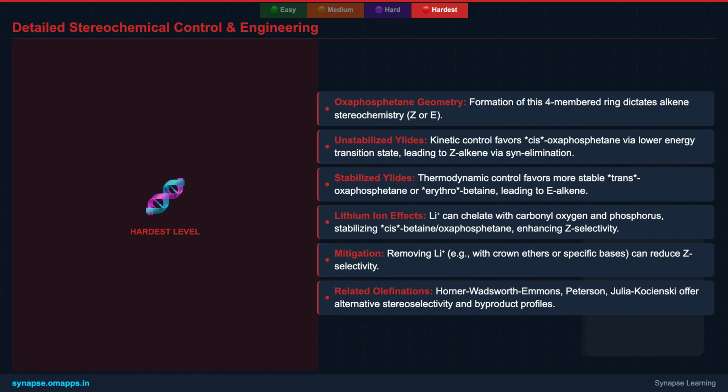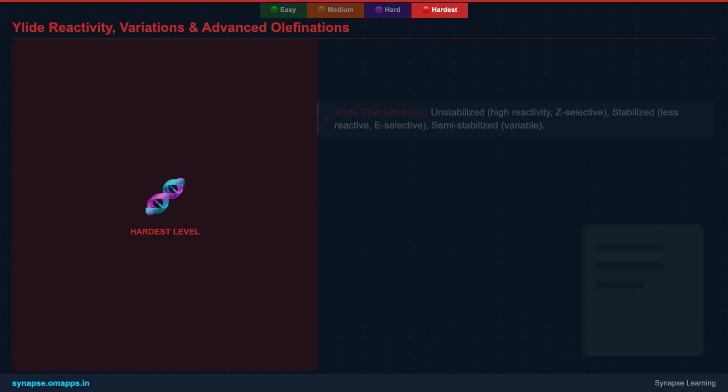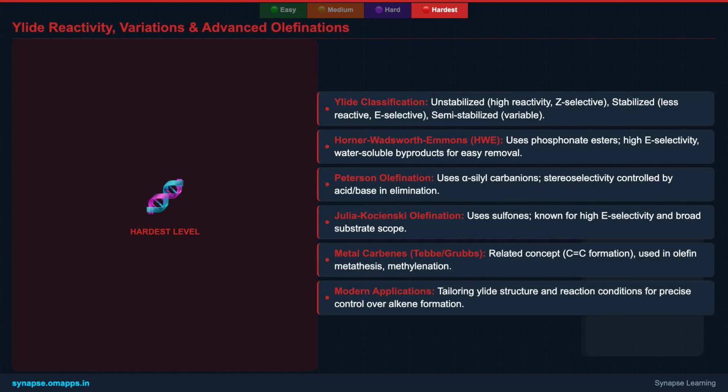Beyond Wittig, related olefination reactions like Horner-Wadsworth-Emmons, Peterson, and Julia-Kocienski offer different stereoselectivity and byproduct removal advantages, providing chemists a powerful toolbox for alkene synthesis. The classification of ylides into unstabilized, semi-stabilized, and stabilized is key to predicting their reactivity and stereoselectivity.